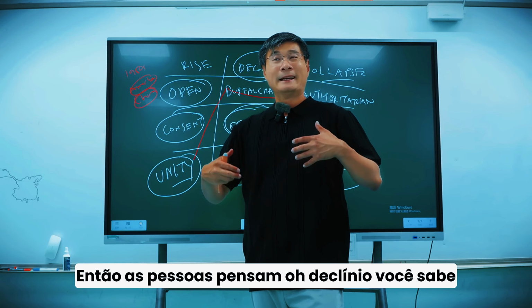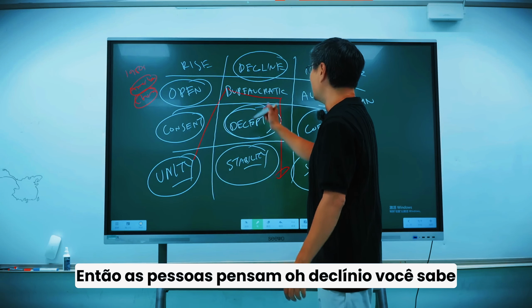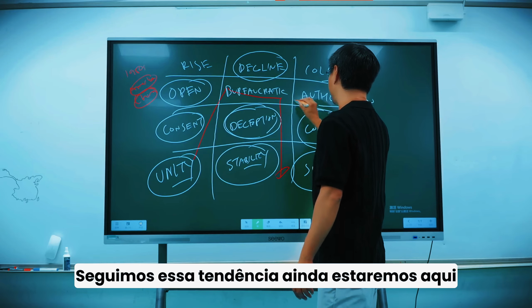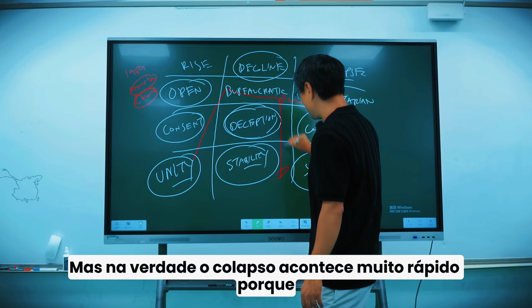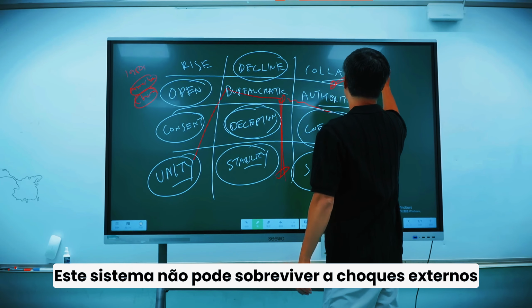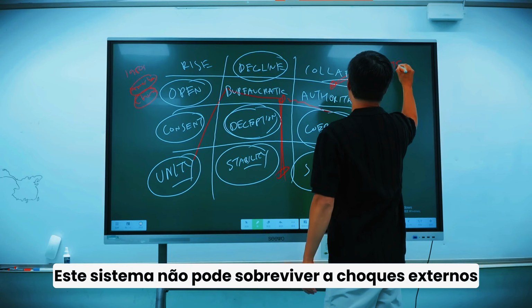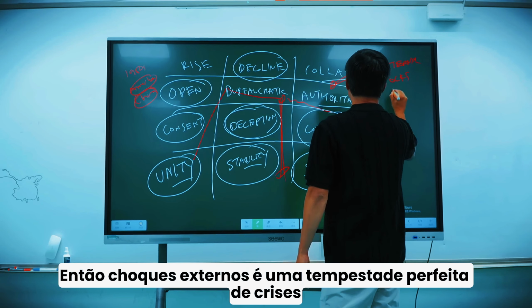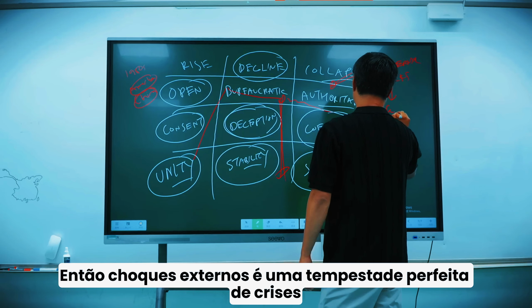So people think, oh, decline, things get worse, but if we follow this trend, we'll still be here. But actually the collapse happens really fast. Why? The reason why is this system cannot survive external shocks. So external shocks is a perfect storm of crises.